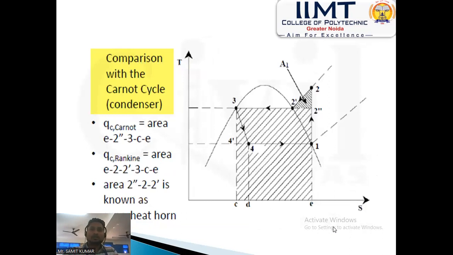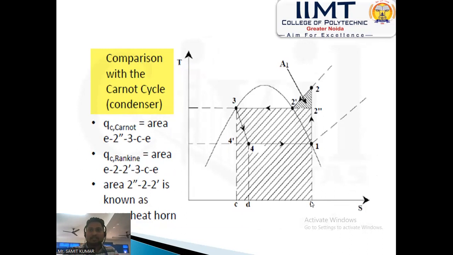Okay, next we can see the area under the curve E, 2, 2 dash, 3, C and E, that is the complete area of the Carnot cycle.